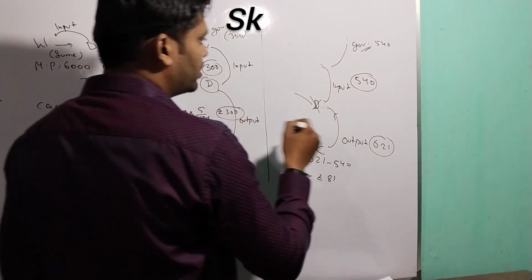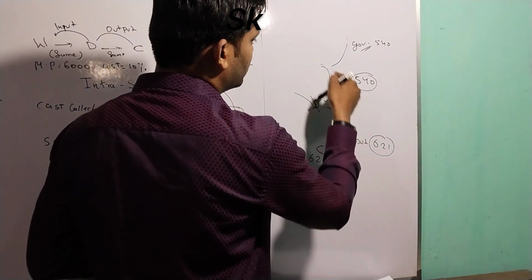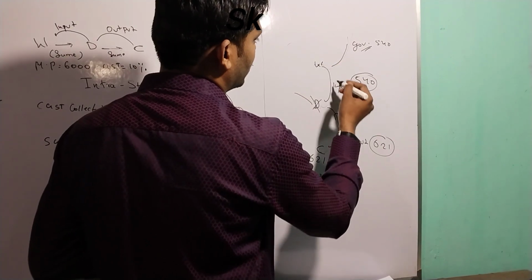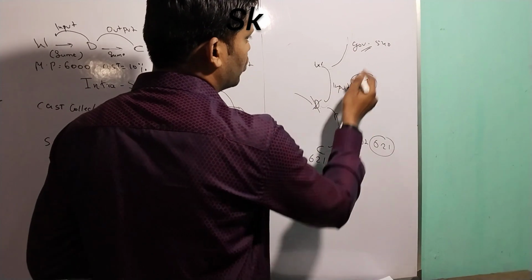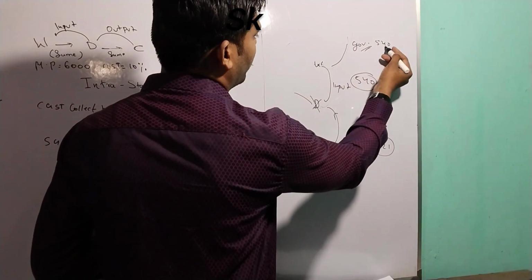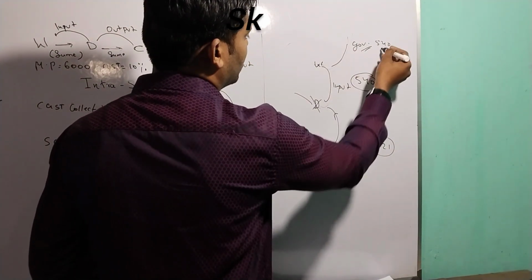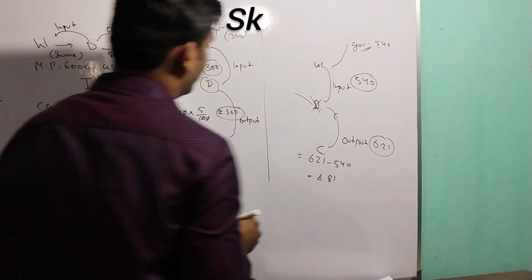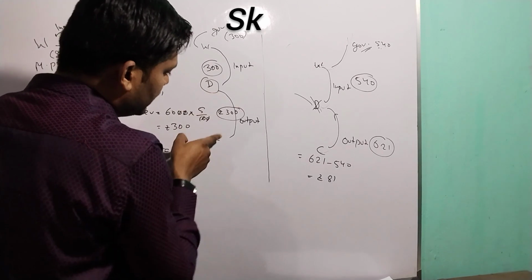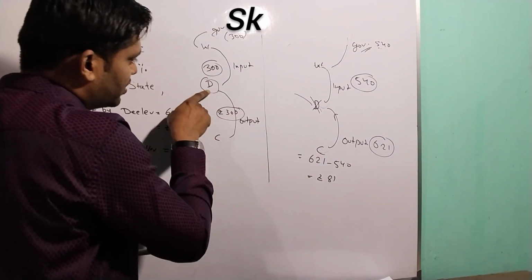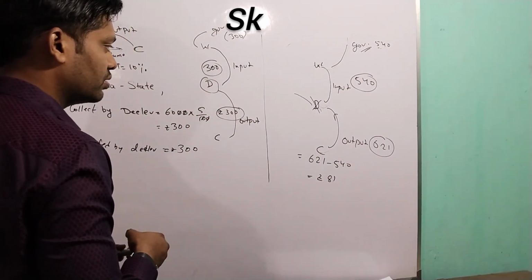And in this case, how much is he going to pay to this wholesaler? Sir, 540. How much is he going to receive from the consumer? So 621. So indirectly how much has the government received? 540 from the dealer. Here, 300 from the dealer. Again this guy is paying to this person 300 only, same tax.